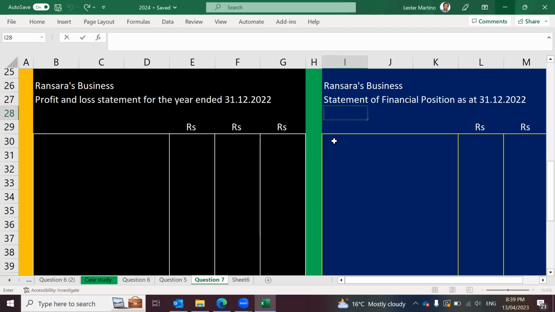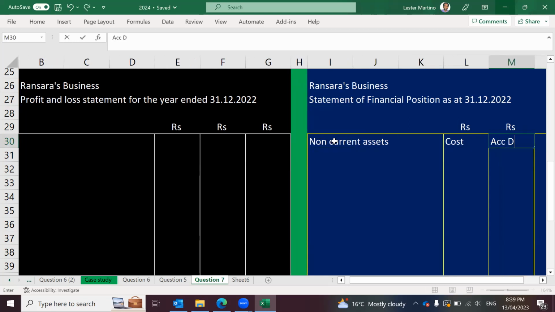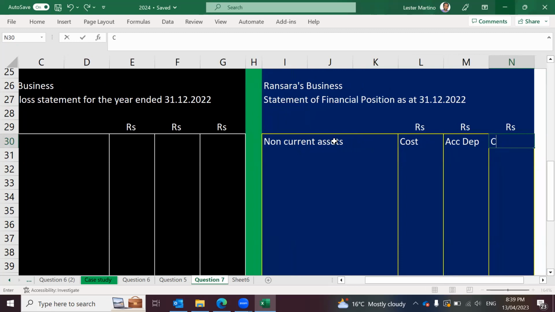So shall we write it down? The SOFP: non-current assets, cost, accumulated depreciation, carrying amount.